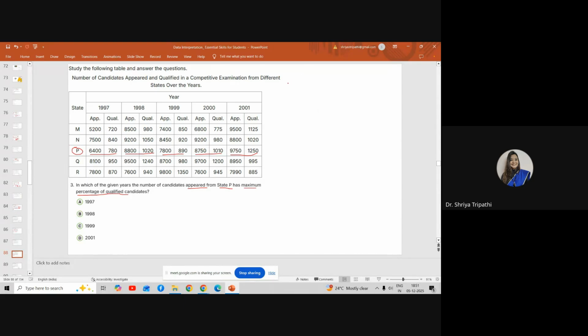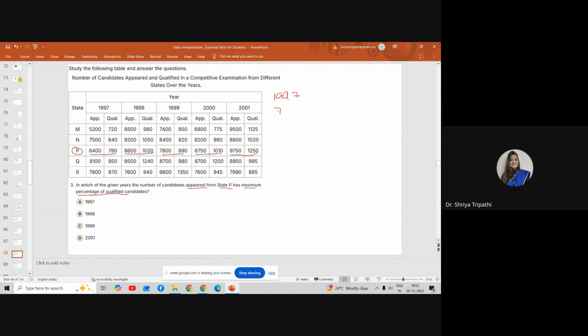I'll give you a hint. Say for 1997, my first figure, I'm asking for the maximum, so I have to calculate it. We'll start with qualified. They want to know the qualified percentage.